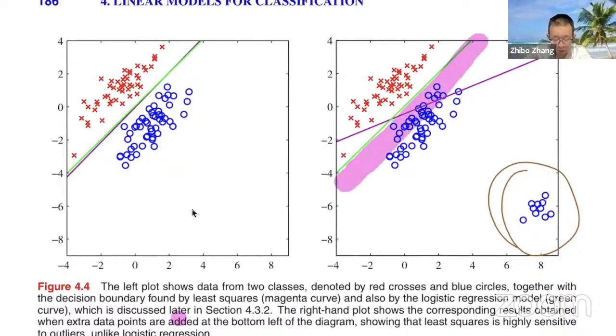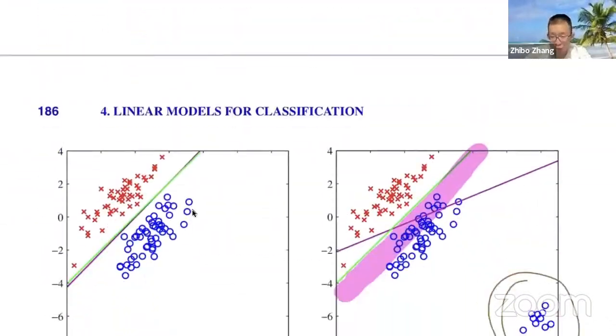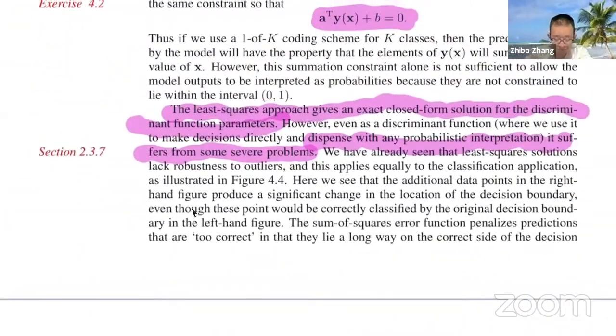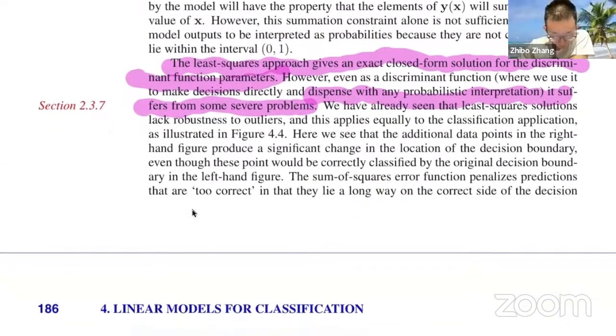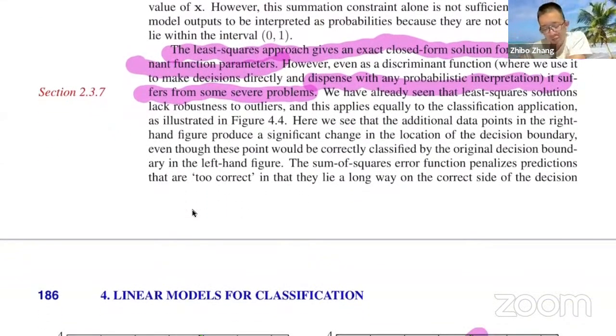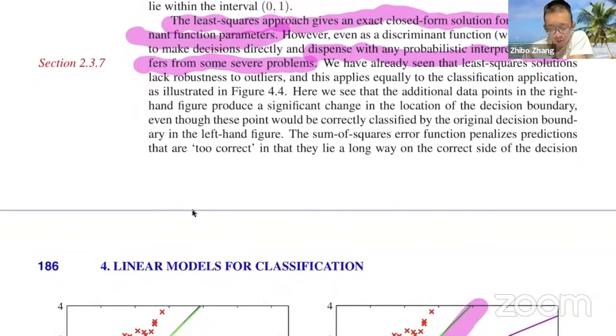But the magenta straight line deviates a lot when there are outliers, which shouldn't be, even though these points would be correctly classified by the original decision boundary in the left-hand figure.